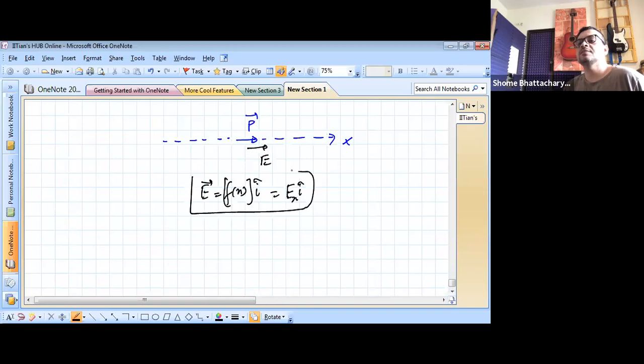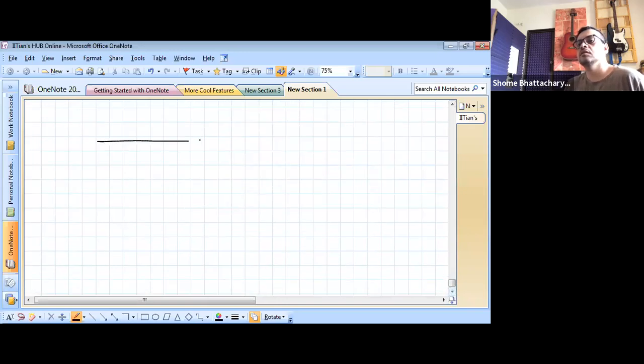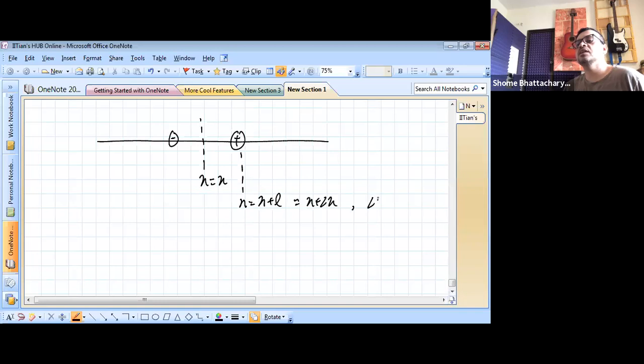Whenever this happens, the method we use is like this: if this is x equal to x, then this is x equal to x plus L, which we can treat as x plus delta x, where delta x is small compared to x.